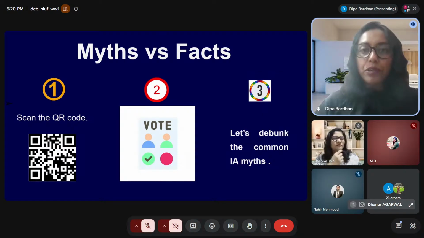Please scan the QR code and you will be directed to a poll where you can vote for the common myths. The myths are also listed in the poll. And after you vote, we will debunk those common myths together.